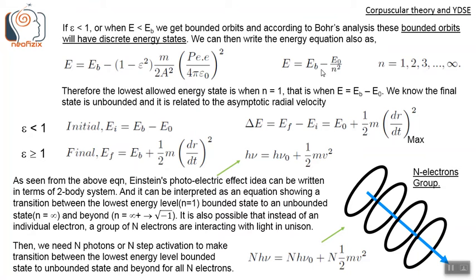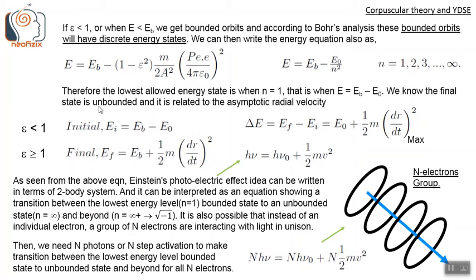So as n increases its value, the total energy increases from Eb minus E naught to Eb. So therefore the lowest allowed energy state of this equation is n equals 1, and at that point E equals Eb minus E naught.